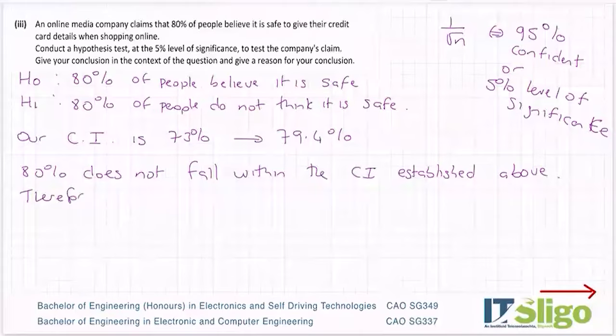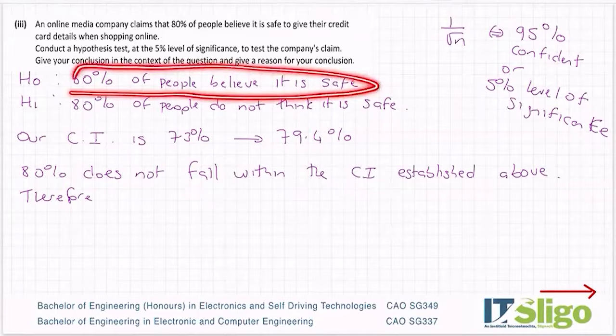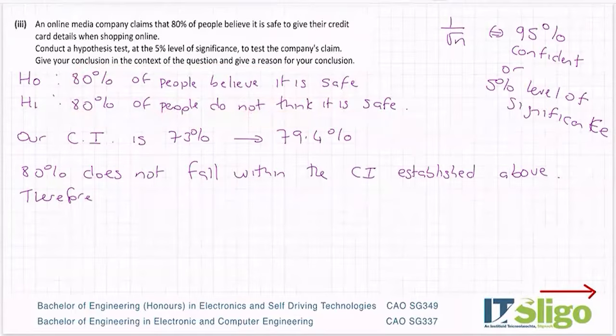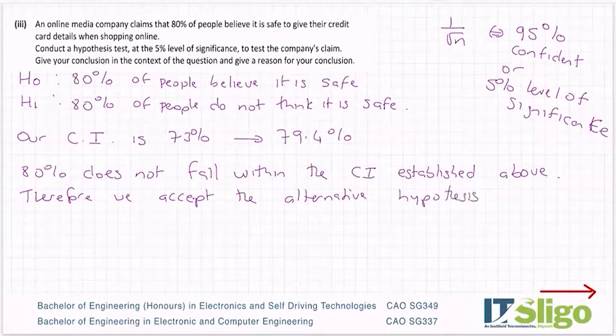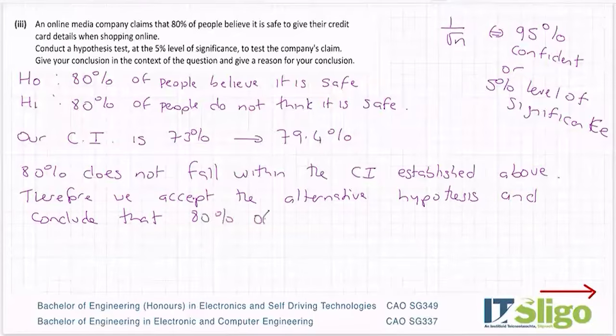Therefore, now the wording changes here and is very teacher dependent. Basically what I'm saying is this is not true, and I'm going to accept this one. Therefore, we accept or fail to reject the alternative hypothesis and conclude that 80% of people, oh, sorry, it's the company.